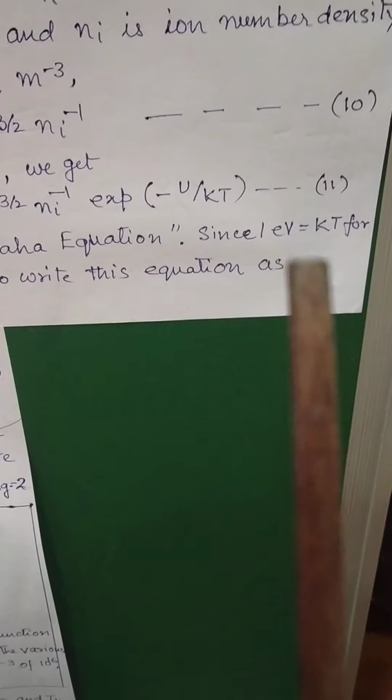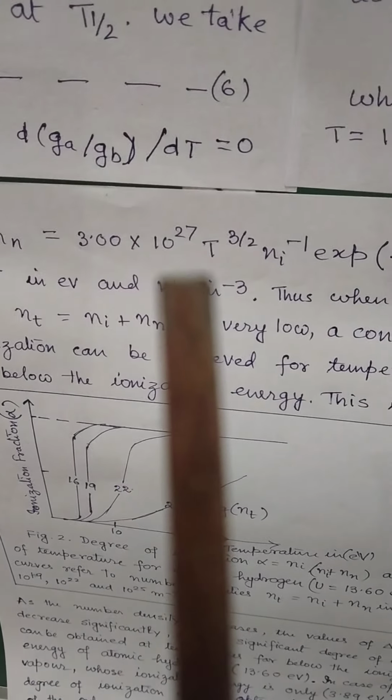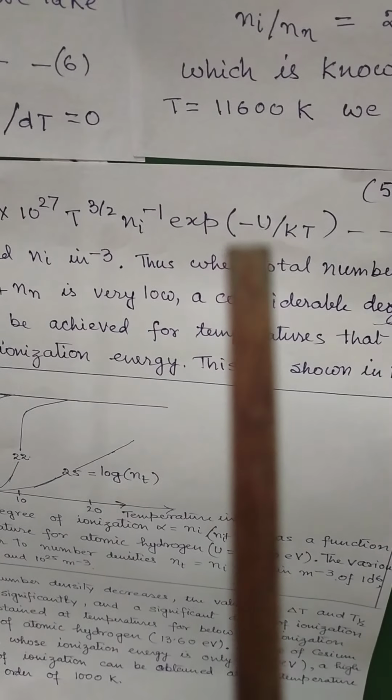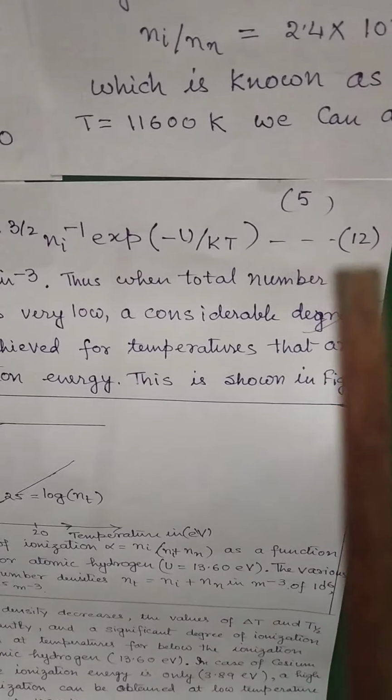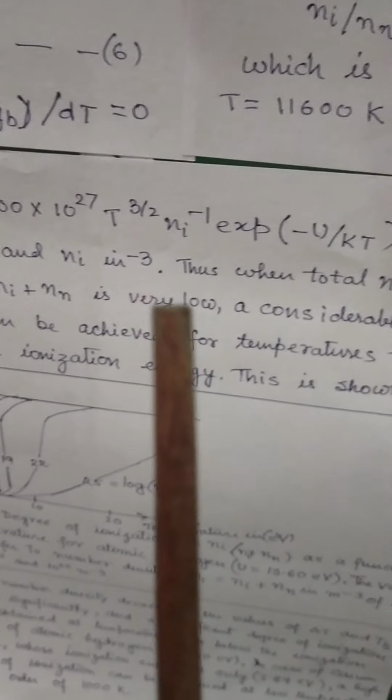Since 1 electron volt is equal to kT for T equal to 11,600 Kelvin, we can also write this equation as ni upon nn equal to 3.00 × 10^27 T^(3/2) ni^-1 exp(−U/kT), which is equation number 12, with T in electron volt and ni in m^-3.